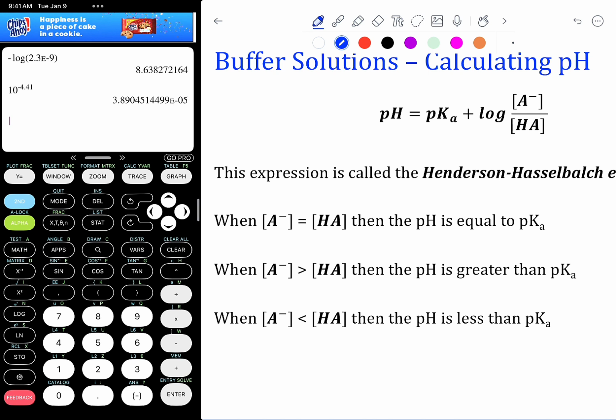That's because if the A minus concentration and the HA concentration are the same, this ratio is then going to equal 1. If that equals 1, the log of 1 is 0, and this term essentially goes away. So pKa is equal to the pH.